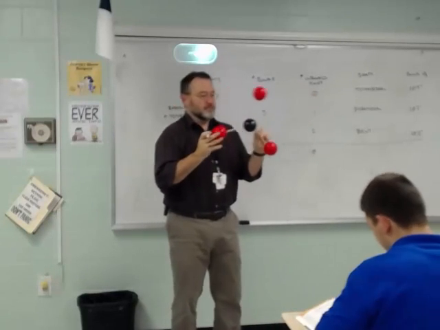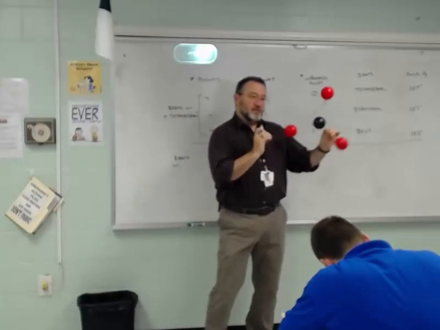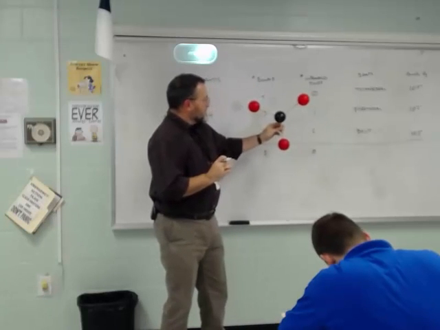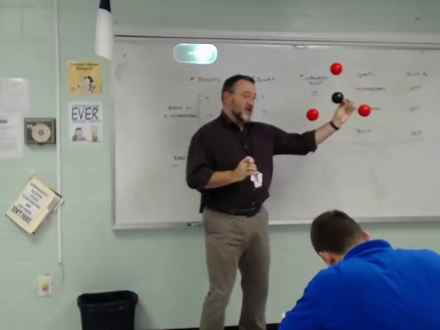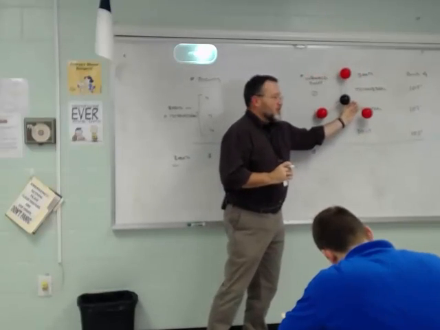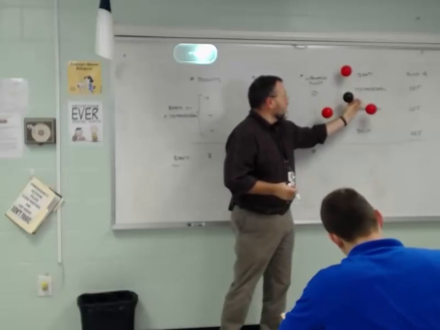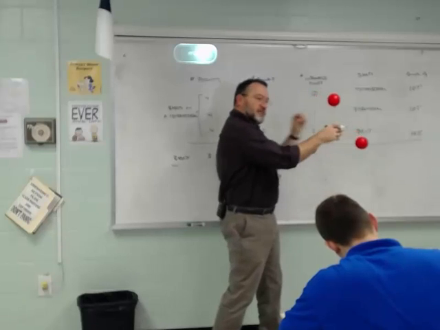Remember I said before that when you do your VSEPR geometries and draw the shape, you could actually draw this shape on the board and get a good representation of what it looks like in 3 dimensions, showing it in 2 dimensions, because it doesn't have any bonds coming out towards you or any bonds going back away from you.